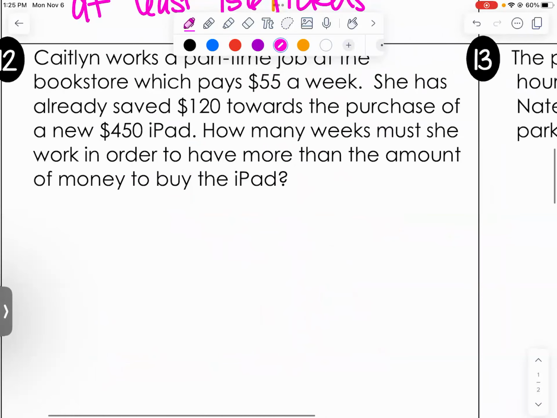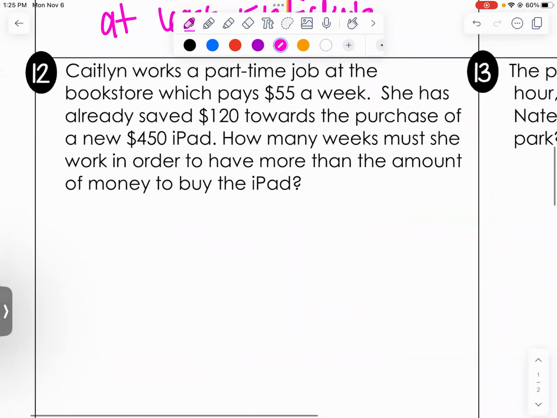Okay, we're going to do one more together. So we're going to do this together, but I want you to read through it real quick. Read through it.